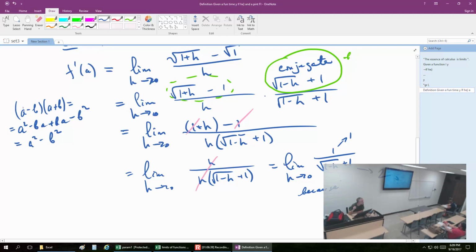Remember the magic words? The word is continuous. So the function is continuous, and that is why you evaluate the limit by substitution.